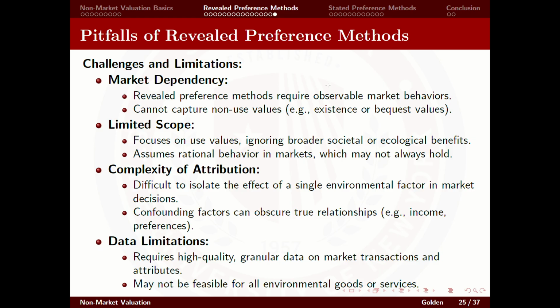It's very difficult to isolate a single environmental factor in market decisions. You saw with the hedonic pricing method, there's a lot of things that go into a housing price. How do you really know what is there? There can be confounding factors that can obscure true relationships. And finally, you have data limitations. Revealed preference methods require high-quality, granular data on market transaction attributes.